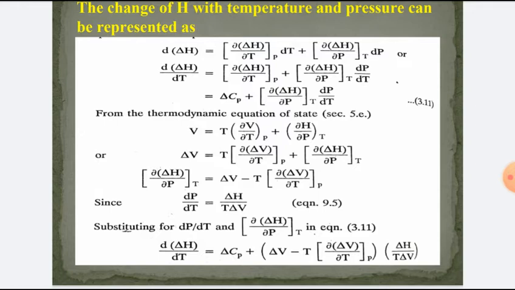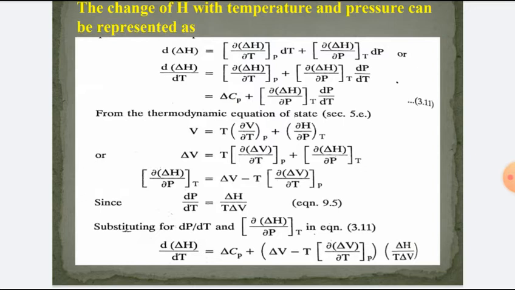So we obtain that the change in enthalpy with respect to pressure at constant temperature will be equal to V minus T times the change in volume with respect to temperature at constant pressure.